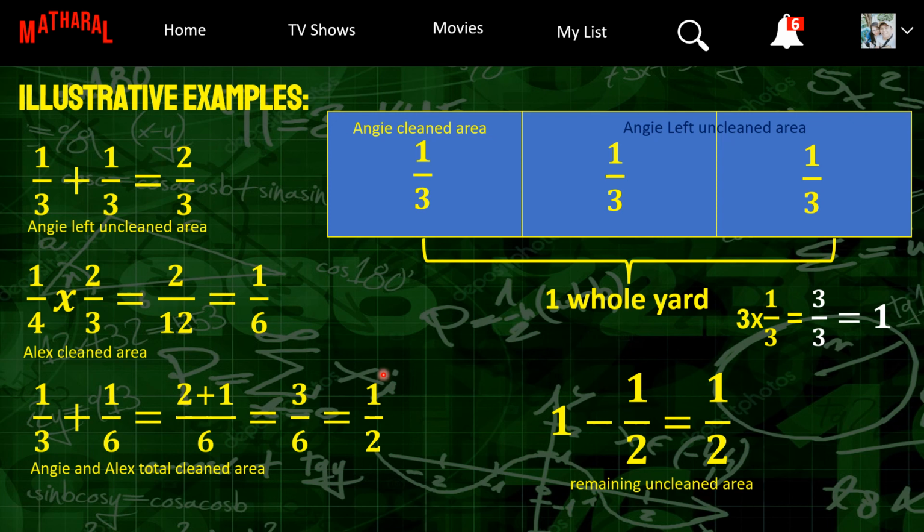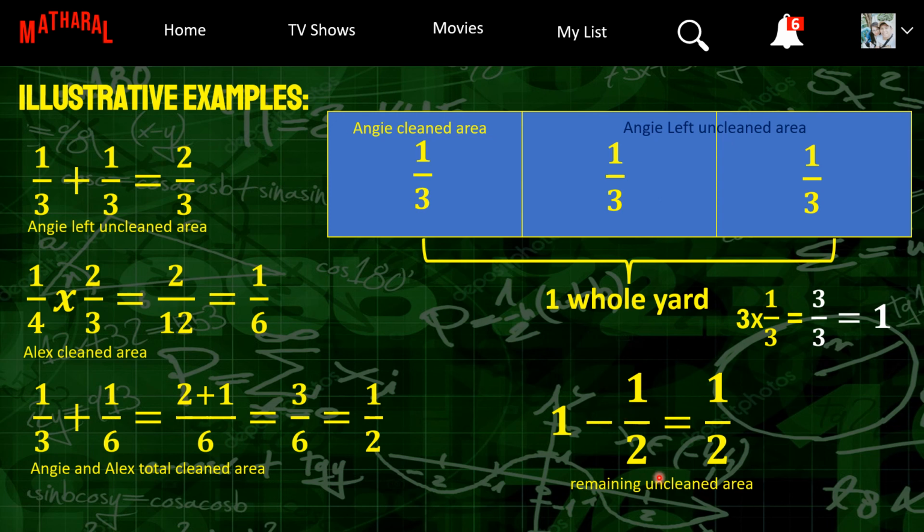So, para malaman po natin at mapatunayan, ito po ang isa sa pinakalas sa process. Okay, tulad po na nabanggit na ang bawat fraction ay bahagi lamang ng isang kabuuan. So, kung 1/2 yan, at may isa tayong buo ng yard, we're going to have 1 minus 1 half itong nalinis ng dalawa ni Angie at ni Alex.